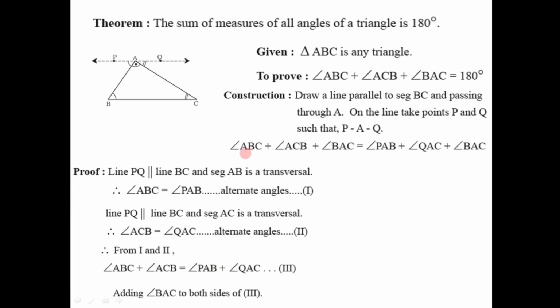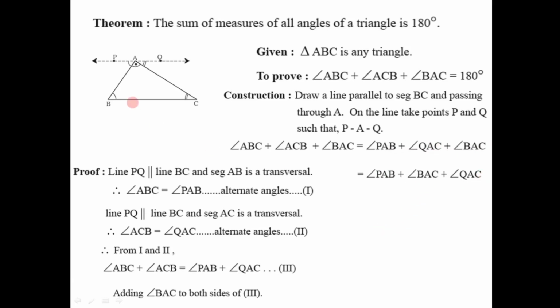We get the equation as angle ABC plus angle ACB plus angle BAC, as we have added angle BAC to the left hand side, is equal to angle PAB plus angle QAC plus angle BAC. So we have to add angle BAC to the right hand side also. Now on the right hand side we rearrange the terms as angle PAB plus angle BAC plus angle QAC.